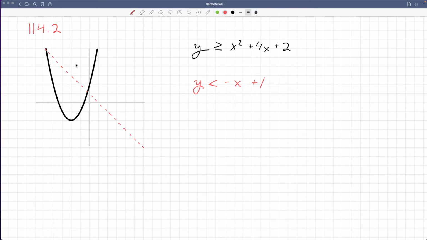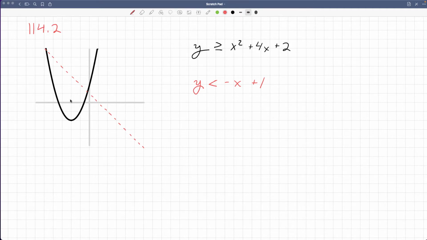It's funny how the shape changes based on whether it's a positive or a negative parabola, opening upward or downward. So greater than is going to be on the inside of the parabola and everything above it. Now the line itself is going to be less than the line. So the only area that is above the parabola line and below this line is right in this little section right here.